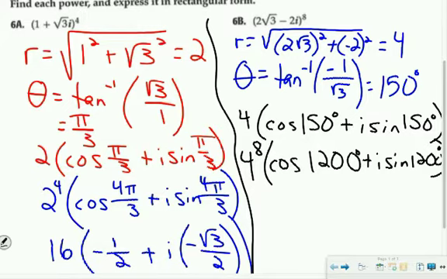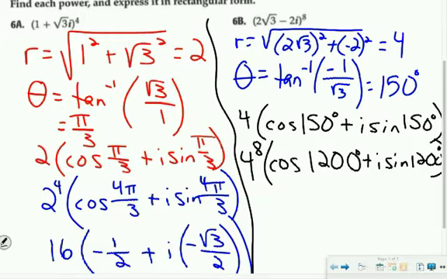Well, 1200 is most assuredly not on my reference sheet. And so I have to think about an angle coterminal with 1200. But maybe you don't want to sit here and subtract 360 and subtract 360 and subtract 360. So, how many 360s are there in 1200? Let me take 1200 and divide it by 360.